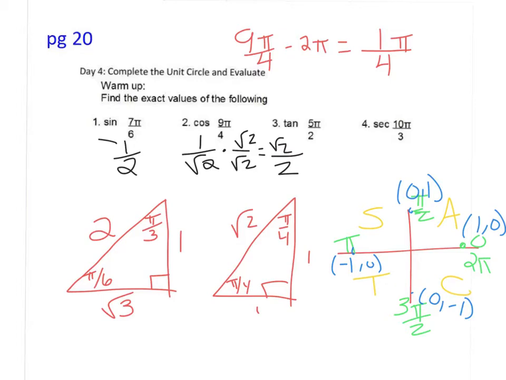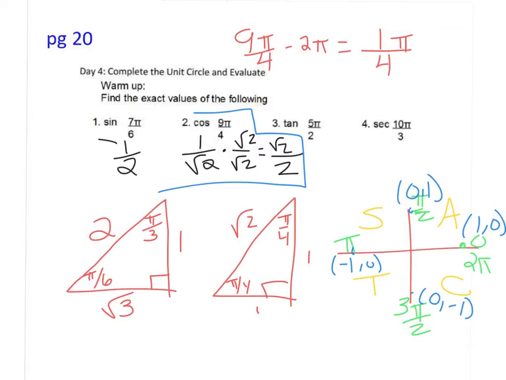Okay, so tangent of 5 pi over 2. Pi over 2, that's on an axis, because if you notice, all my divided by 2's are here. So this is 1 over 2, 3 over 2.